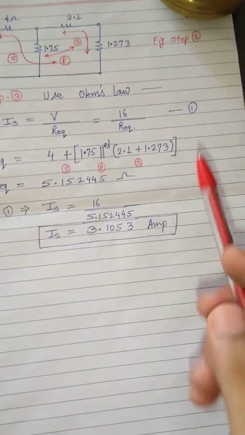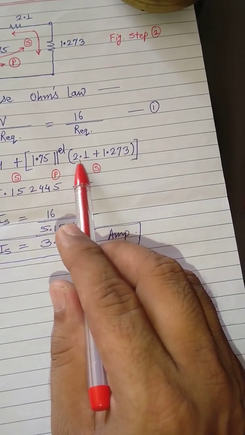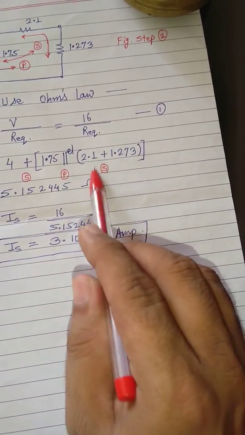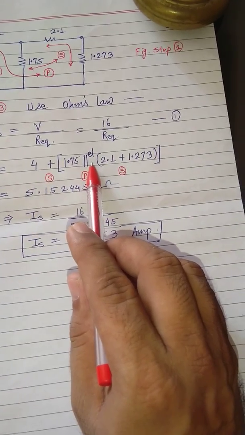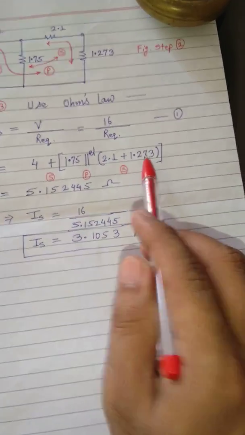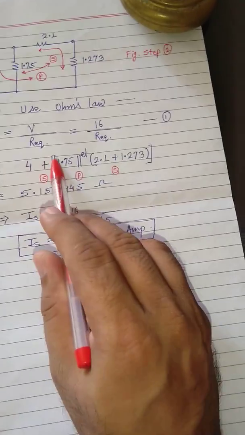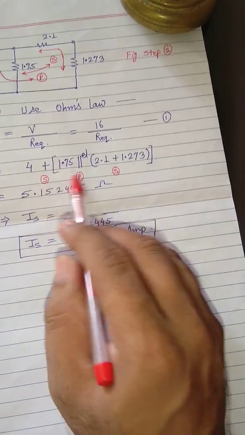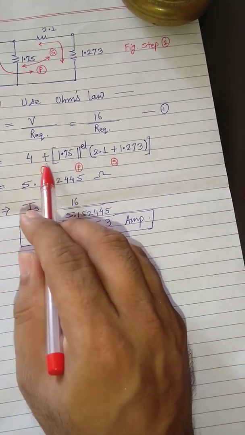So let us solve this and find the R equivalent. The first is the series connection of 2.1 and 1.273, therefore it is a plus. Then it is in parallel with the 1.75, therefore 1.75 parallel to this particular bracket, which gives you the square bracket. That complete combination is in series with 4, therefore it is represented with the plus sign.